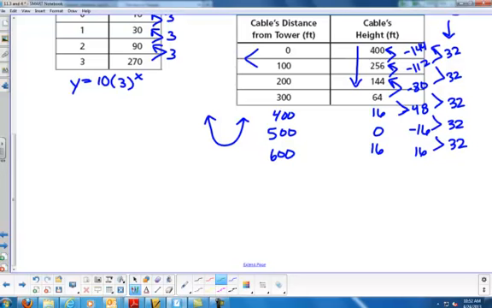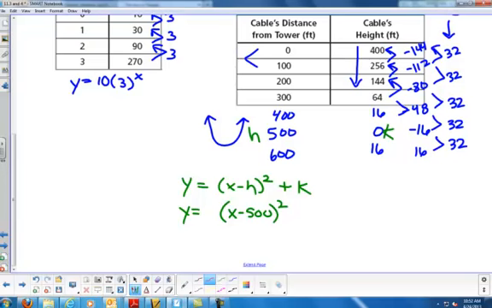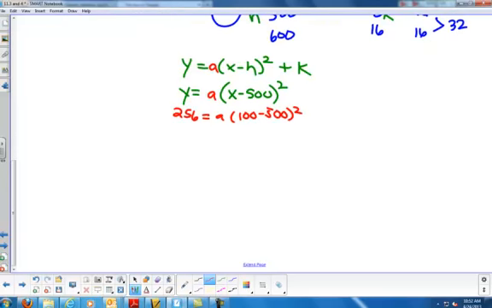All right, remember vertex form. y equals a times x minus h squared plus k. So this is our h, this is our k. So x minus 500 squared plus 0, I'm not going to bother putting it. I still don't know a. So I'm going to pick a number. So 256 and 100 to figure out what my a is.